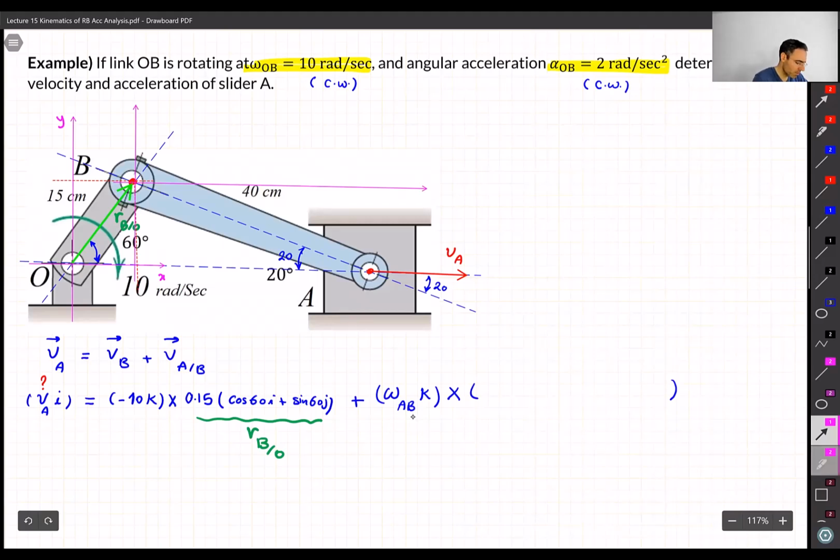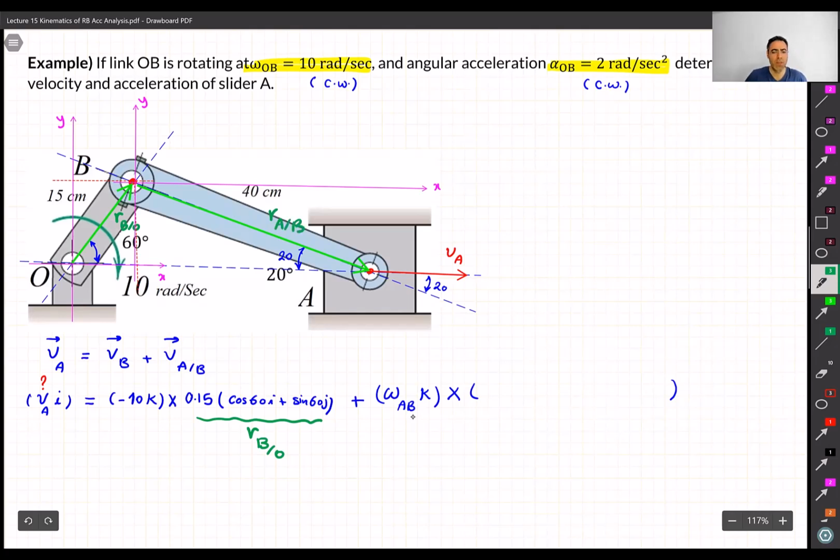So this is again X and Y at point B, right? And which R am I looking for? This is the R I'm trying to find out. And that's R A with respect to B.